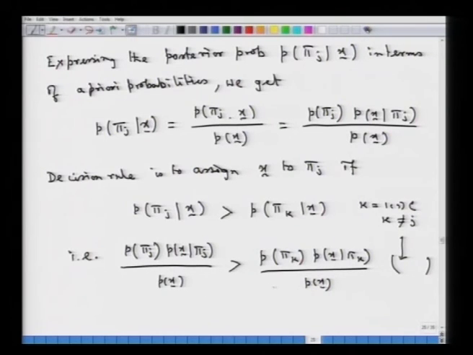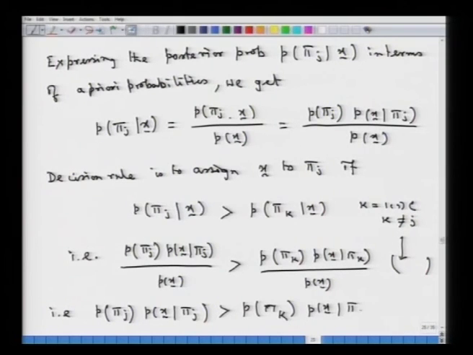This is a non-zero term, so the assignment rule, the Bayes classifier, is going to be based on p(π_k) into p(x | π_k), the density under the kth population, with the restriction on k as before.